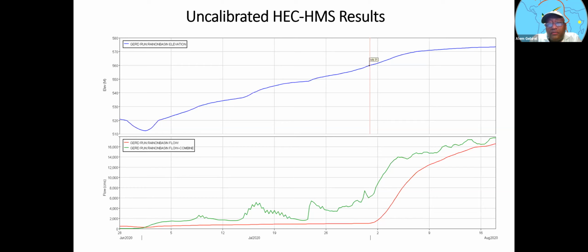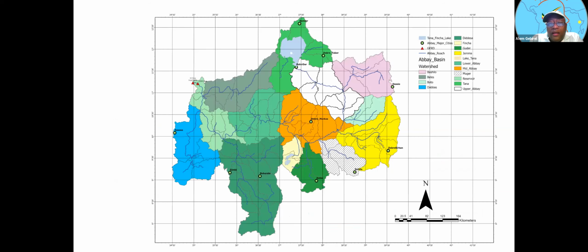Next slide, please. This is the Abbay watershed. In order to have a successful calibration, for each big watershed we need to calibrate the data separately, then you can probably have a model that could be utilized even for operation purposes.